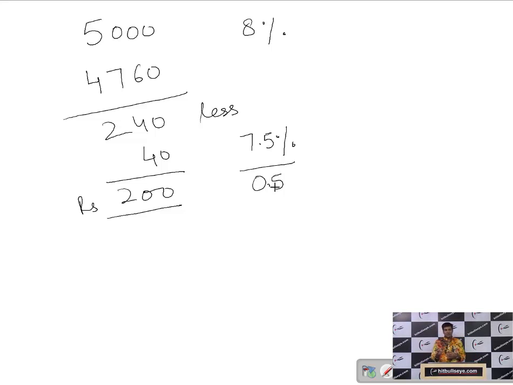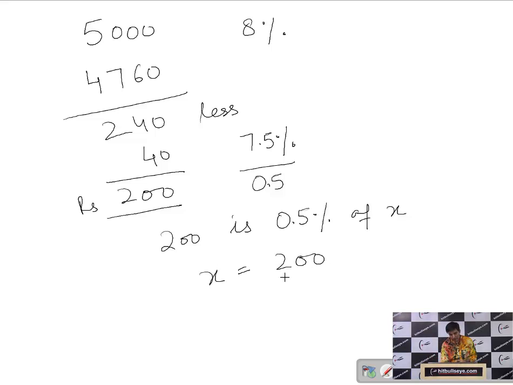So that means here 200 is 0.5% of x. Now solving, x is equal to 200 upon 0.5 into 100, which is 40,000, which is my purchase price.